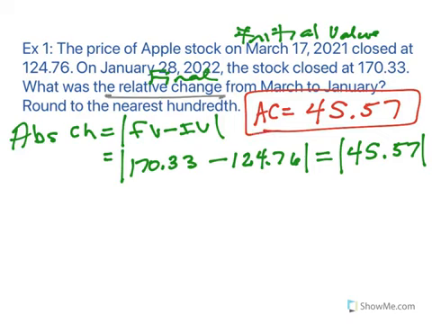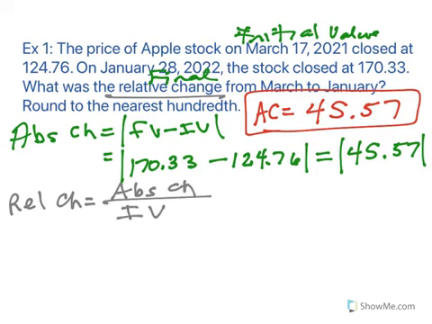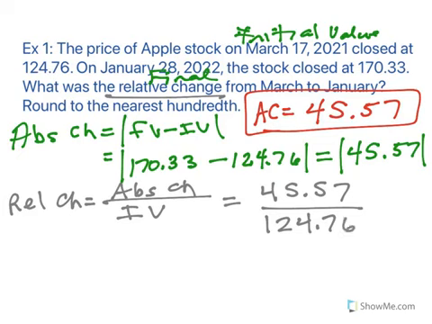That's great, but that's not the question. The question is, what was the relative change? We know that relative change is absolute change divided by the initial value. So I take 45.57 divided by my initial value of 124.76.